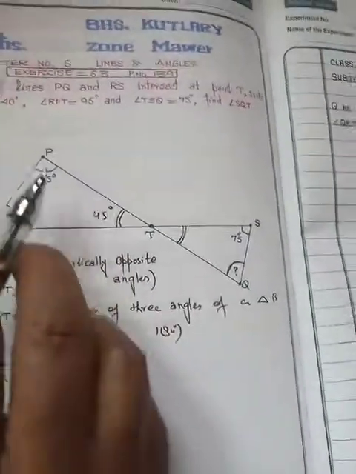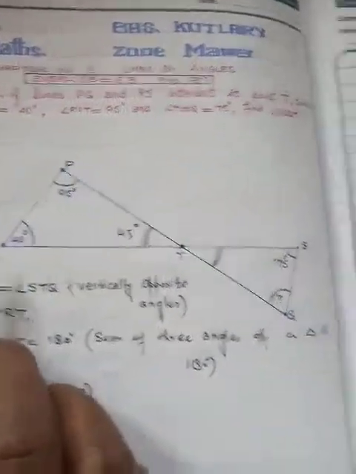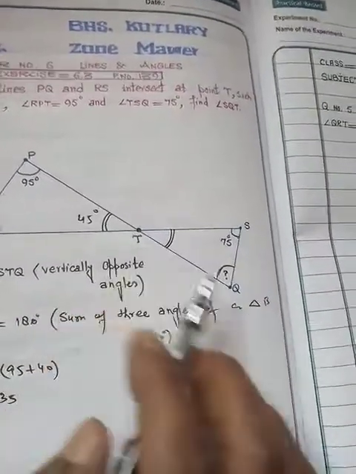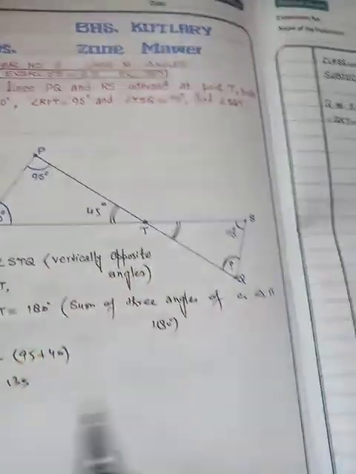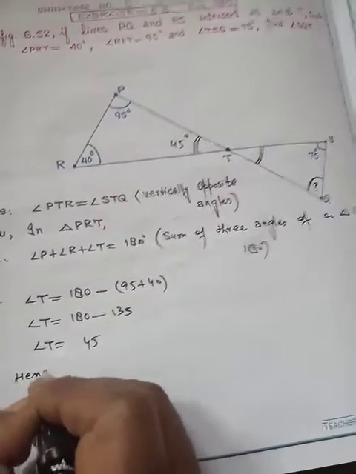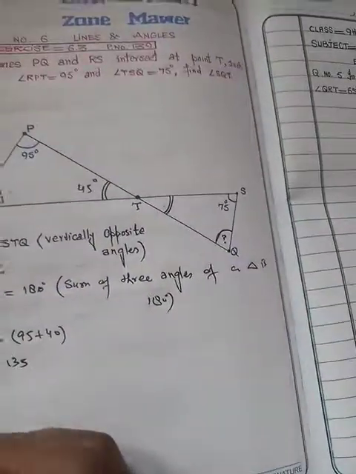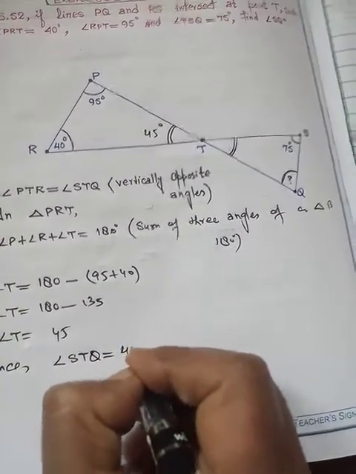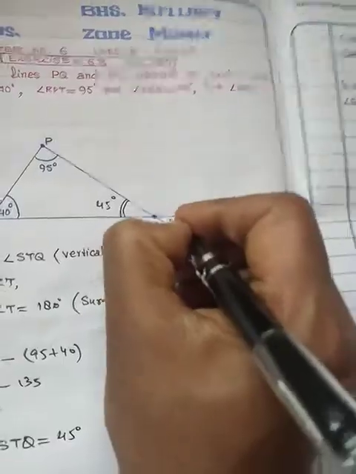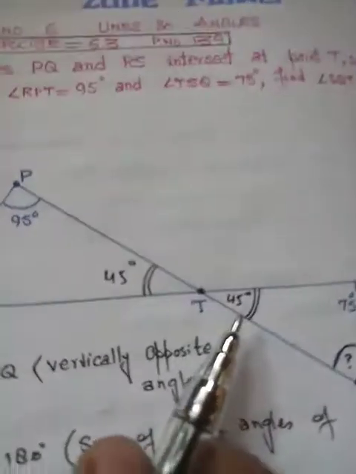Now this angle PTR is equal to angle STQ, because this angle and this angle are vertically opposite angles. Hence angle STQ is also equal to 45 degrees. This angle is also equal to 45 degrees.